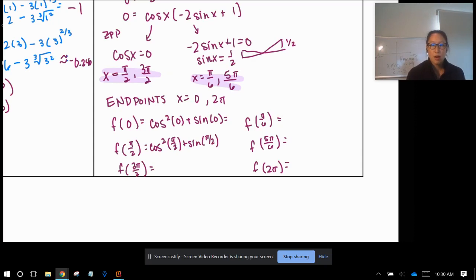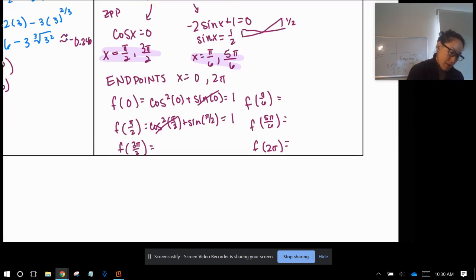So cosine 0 is 1, and sine 0 is 0, so this is going to equal 1. Cosine pi over 2 is 0, and sine pi over 2 is 1. Okay.